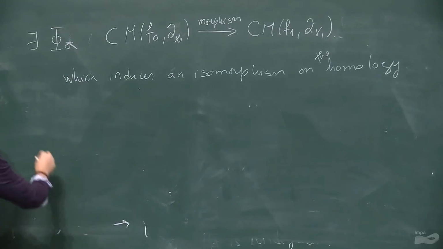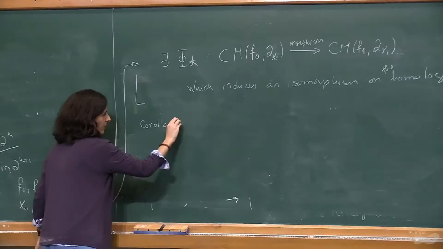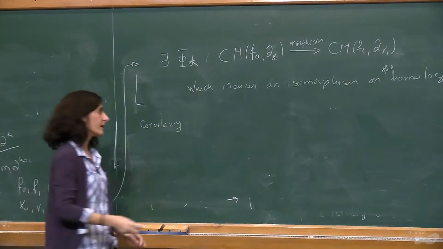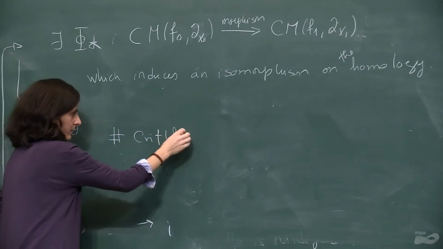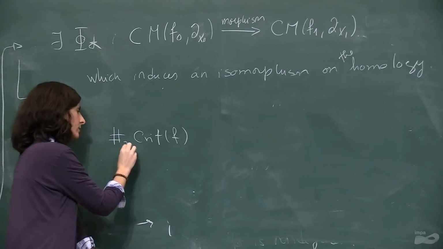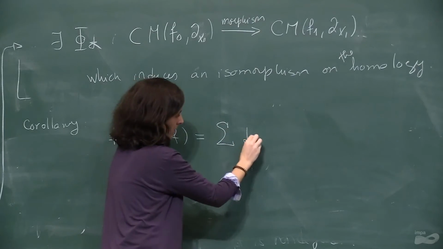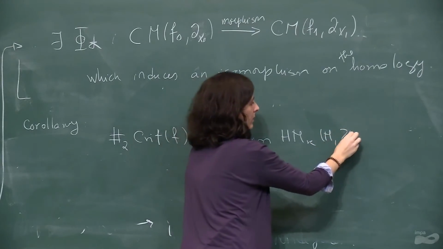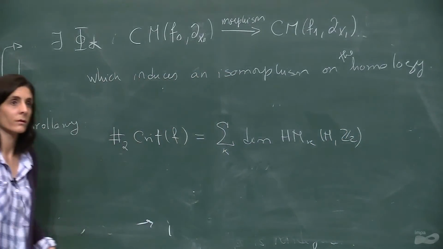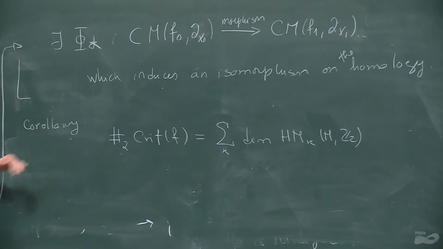Okay. And as a consequence, let me call it a corollary of this, we can in fact check that the number of critical points of a function f mod 2 is actually equal to the dimension of the Morse homology of S. So let me go through the idea of the proof of this corollary.